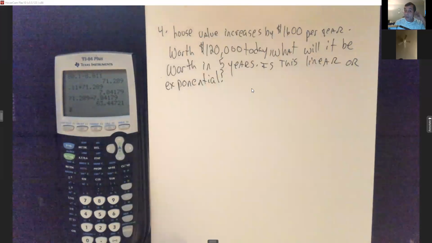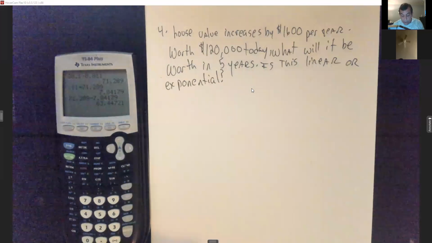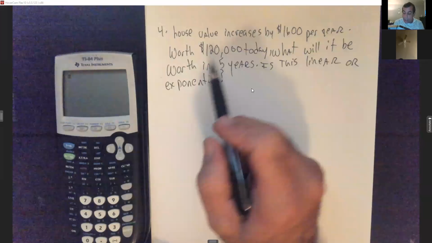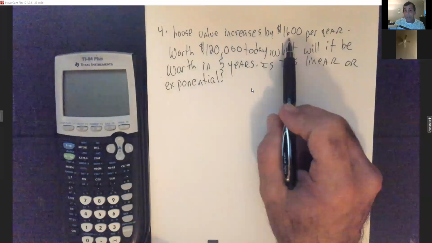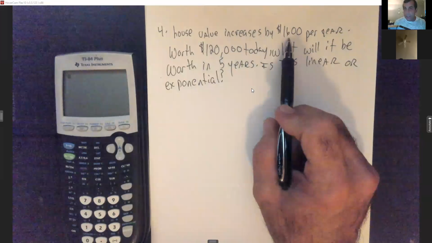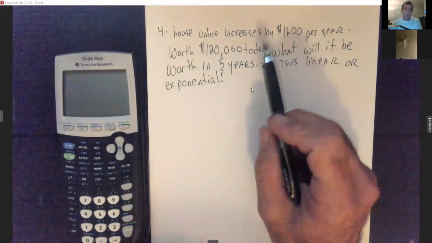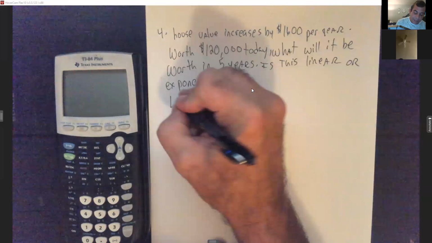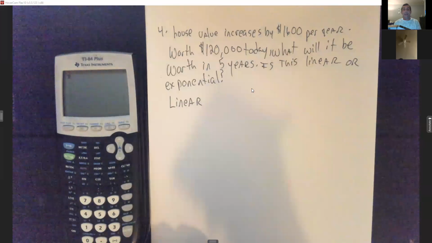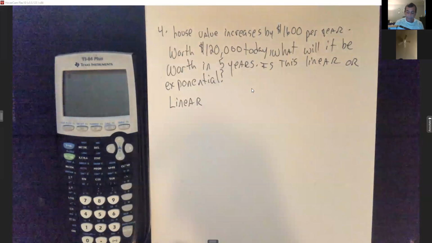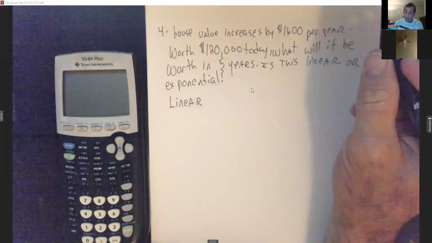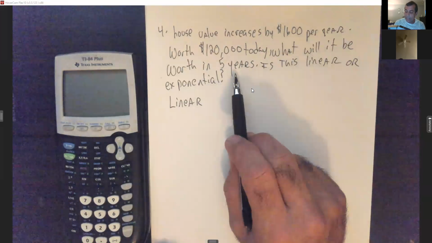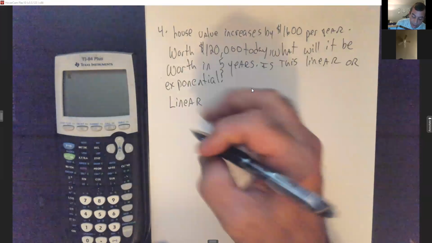So I'm going to get the linear or exponential part out of the way first. So it's telling me it's going up the same amount every year by $1,600. There's no percentages involved. So since this one's telling us $1,600 per year, this is definitely going to be a linear growth. Now, they want the value in 5 years. So take that 120,000 you're starting with.